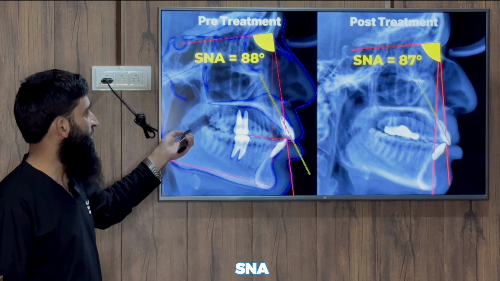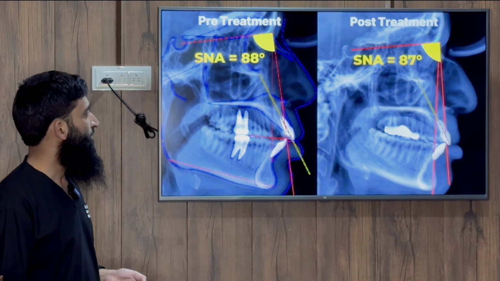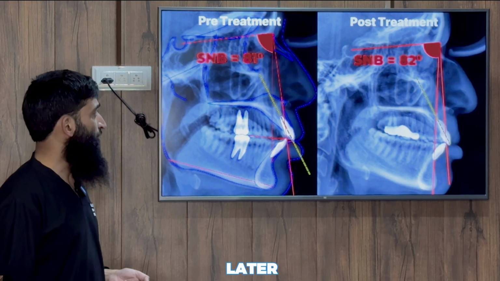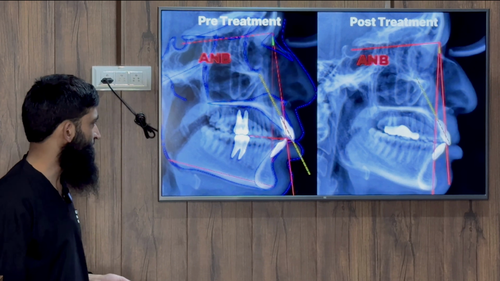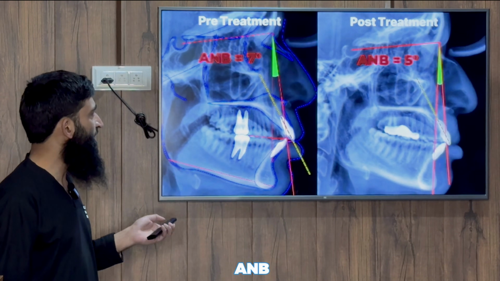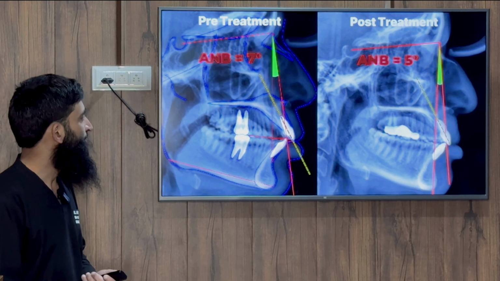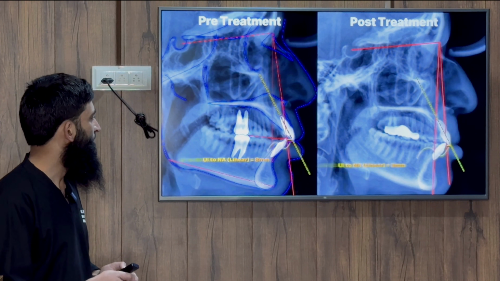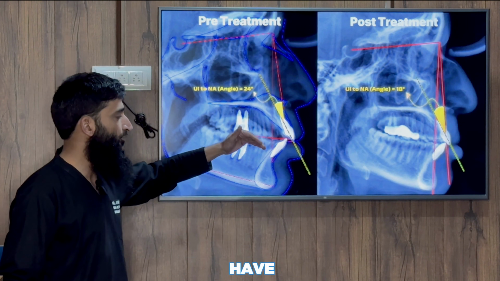This is the SNA of 88, it comes out to be later 87. Then later on SNB of 81, SNB of 82 in the post-treatment. So ANB got reduced from 7 degree to 5 degree. Upper incisors were 24 degrees, so we have retracted them.